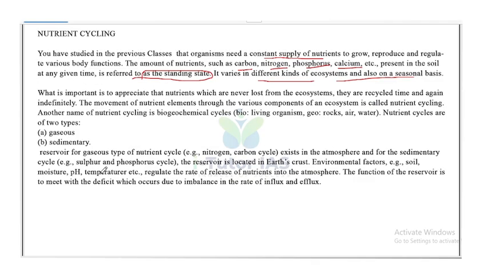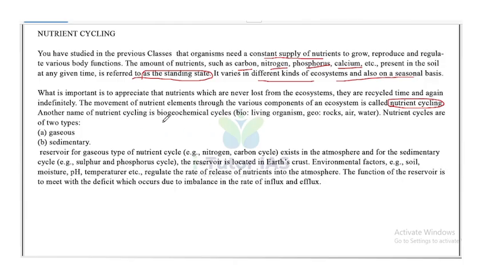What is more important to appreciate is that nutrients are never lost from our ecosystem, they are cycled time and again indefinitely. The movement of nutrient elements through various components of an ecosystem is known as nutrient cycle. So this is the definition of nutrient cycle. The nutrient cycle is nothing but the movement of the nutrient elements through various components of the ecosystem.